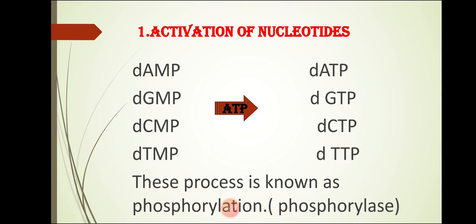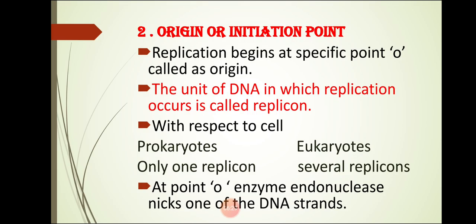Now, moving to the next point, that is origin or initiation point. This is the point where the process of replication begins, and this specific point is known as point O. Okay, the point where the process of replication begins is known as origin, and it is labeled as point O. And the unit of DNA in which replication occurs is called replicon.